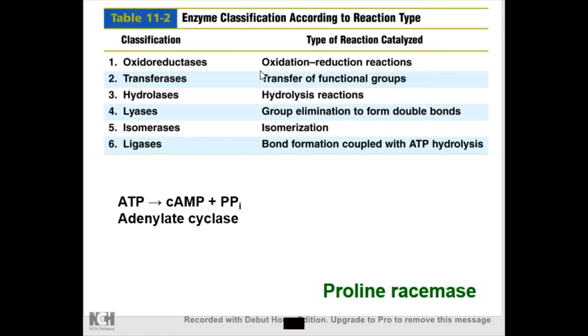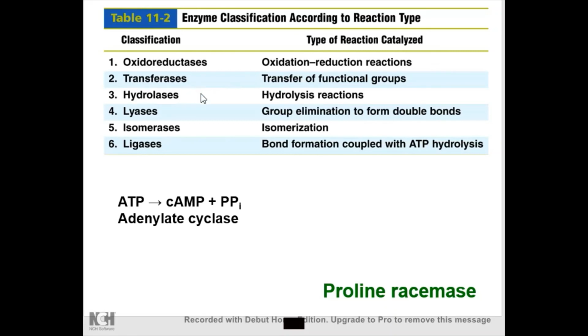One is alcohol dehydrogenase that uses NAD plus to oxidize alcohols. The other one is cytochrome P450 that oxidizes a bunch of different compounds using oxygen.